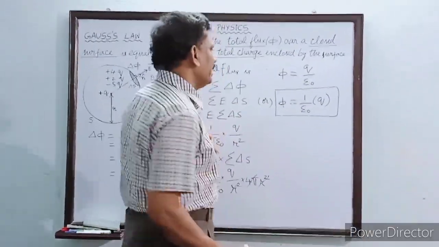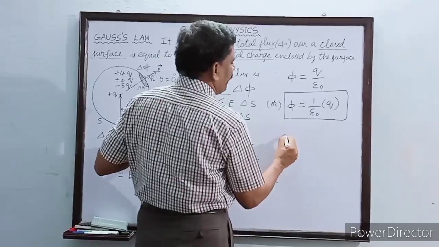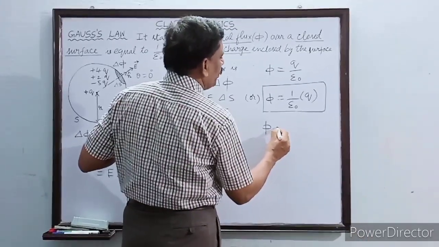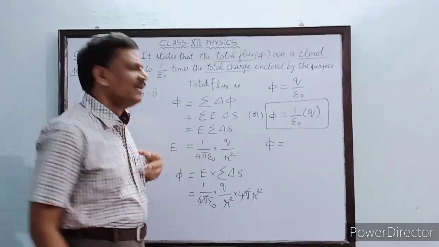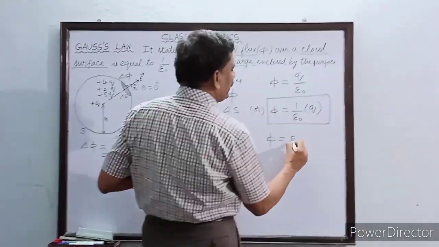Now you tell me, flux phi has a unit. What must be the unit of flux? It is electric field into area only, no?